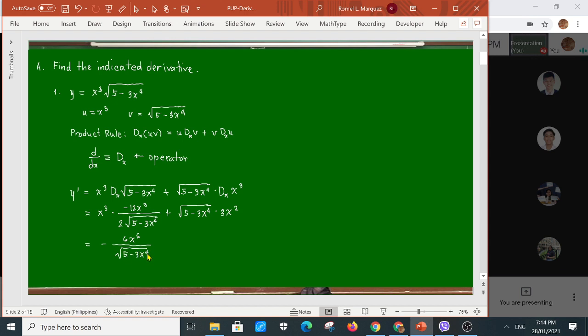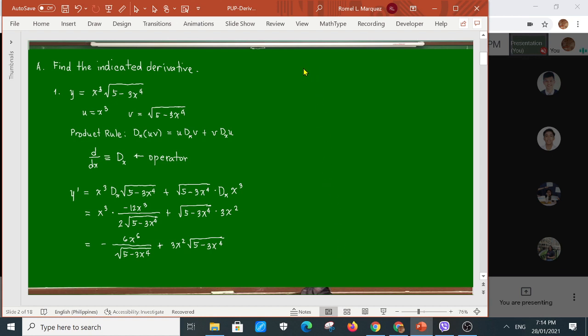If you have questions guys or if I make a mistake, just inform me because it's hard to look at the screen. Because sometimes what I am saying is not what I am writing. Plus 3x squared times the square root of 5 minus 3x to the 4th. Actually, this is already the derivative, no? But normally, we write it in one term as much as possible.